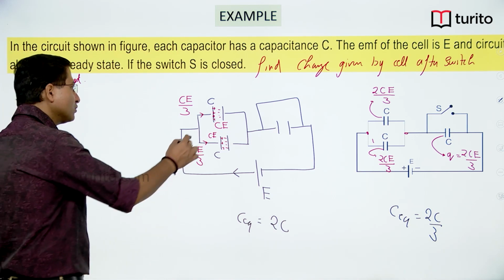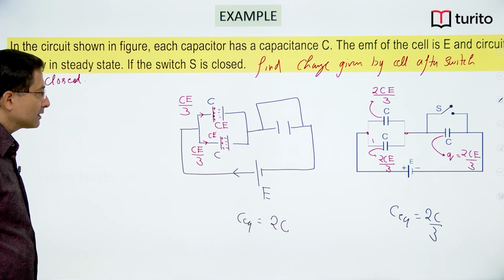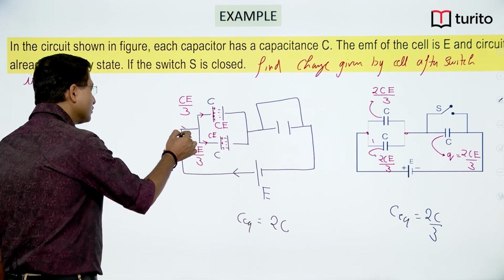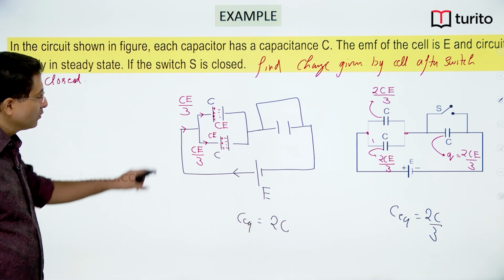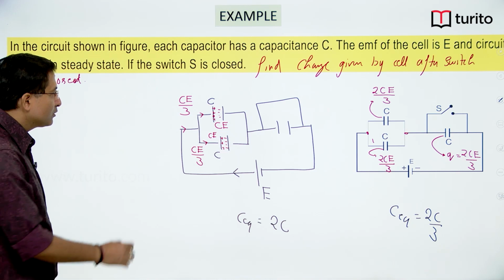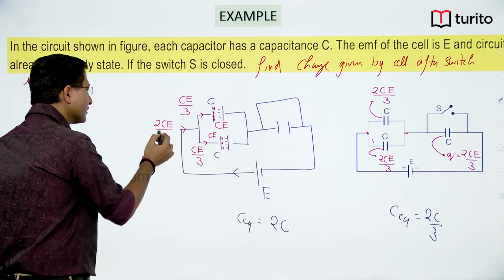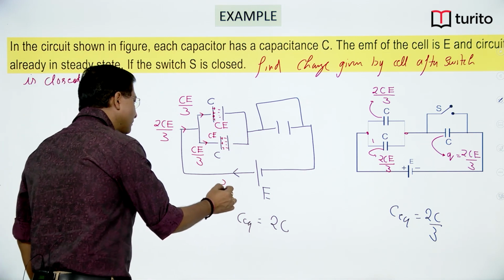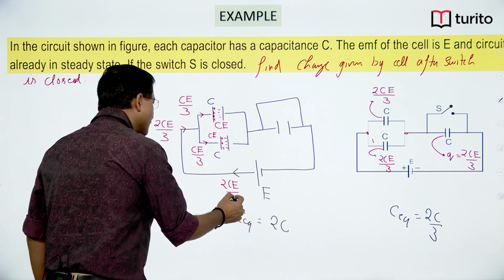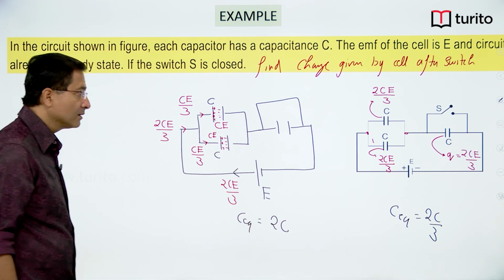If extra flowing through this one is CE by 3, and extra flowing through this one is CE by 3, that means the charge coming into this arrangement from here will be 2CE by 3. That means the charge given by the battery is 2CE by 3. That is the extra charge after reconnection, right.